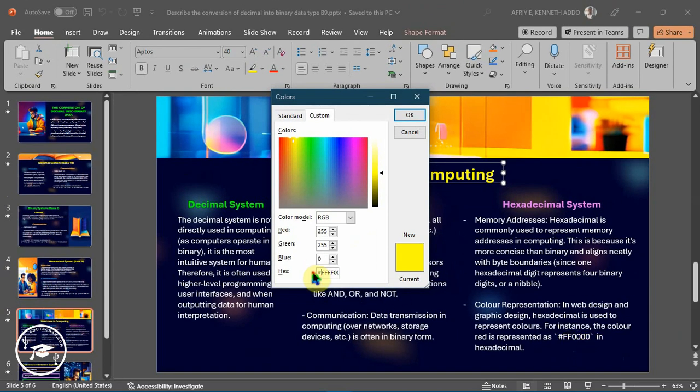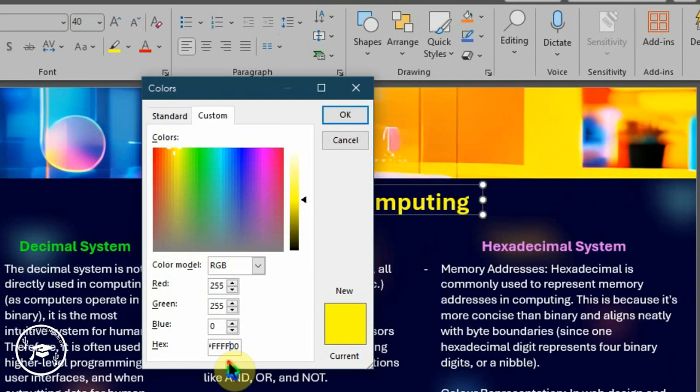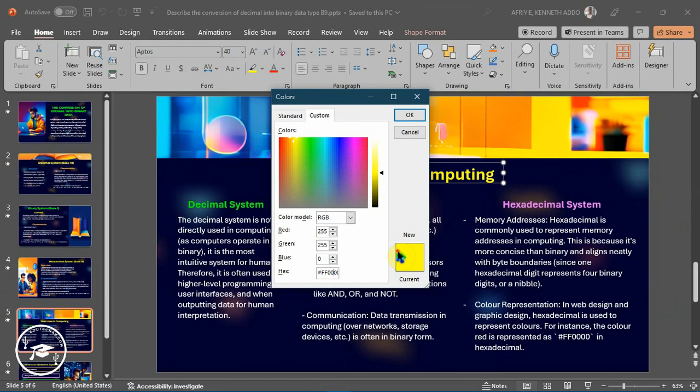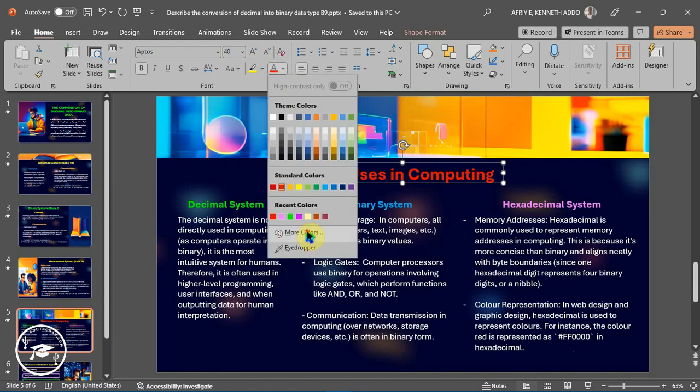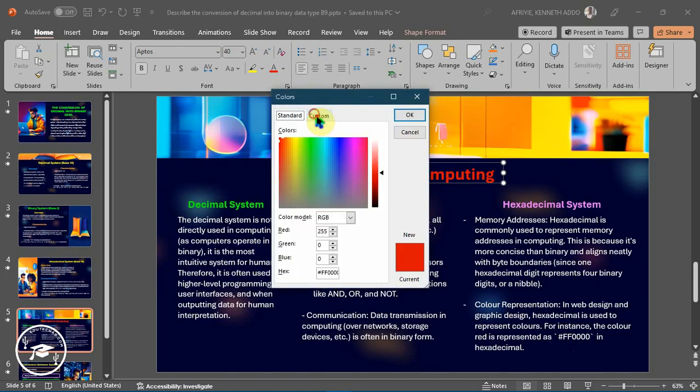FF0000. Great. Let's do that and see what color we'll get. Two F's, then four zeros. Remember the current color is yellow, right? Let's press OK. You see it has changed, meaning that FF0000 is red. So that's how colors are represented in hexadecimal.